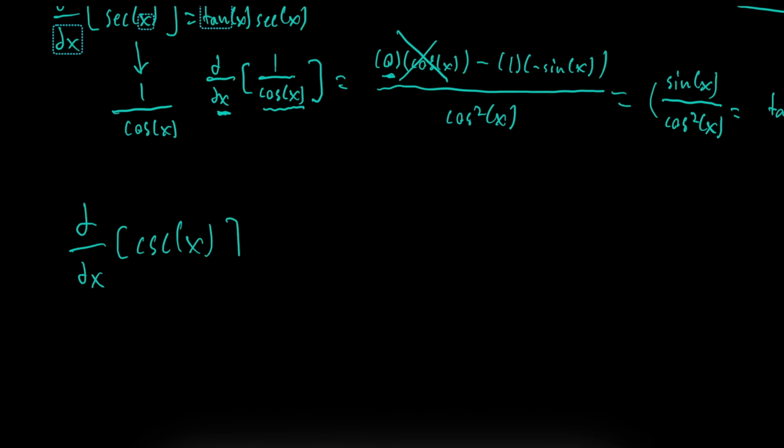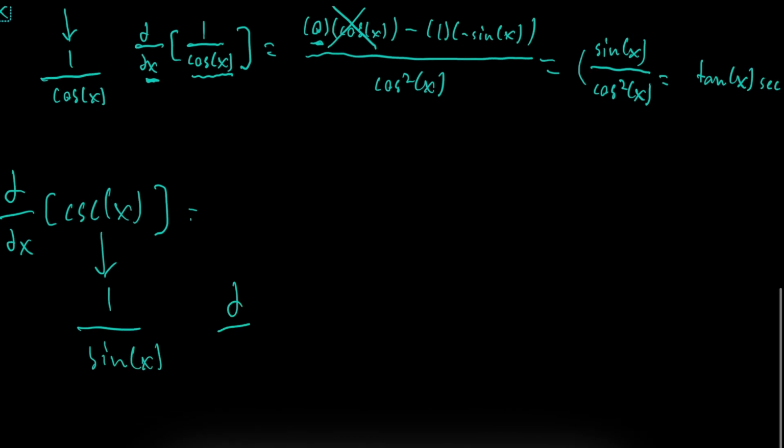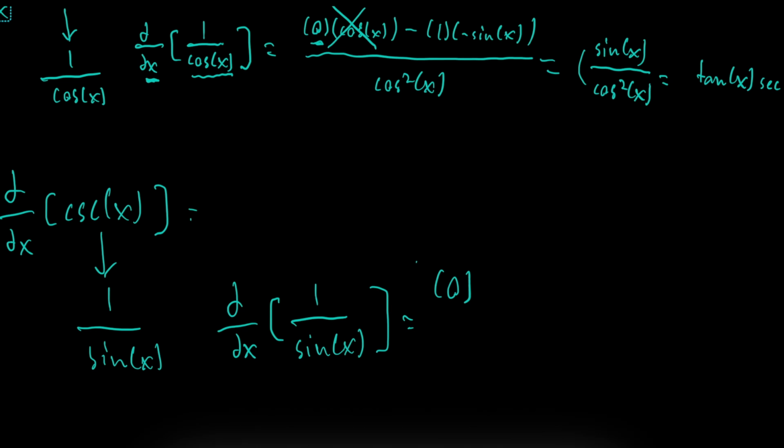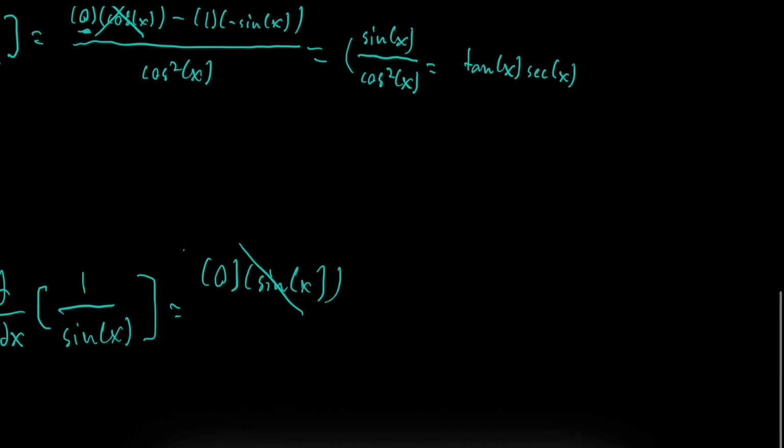Okay? All right, let's try the derivative of cosecant of x right now. Okay? Derivative of cosecant of x, we could rewrite this as 1 over sine of x, right? You can see where this is going. We'll use the quotient rule again, right? Take the derivative. We'll go a little faster this time. Okay? So this would become equal to 0 times sine of x, right? And this is going to cancel out in the end anyways, right? Minus 1 times cosine of x, right? Derivative of sine of x is going to be cosine of x.